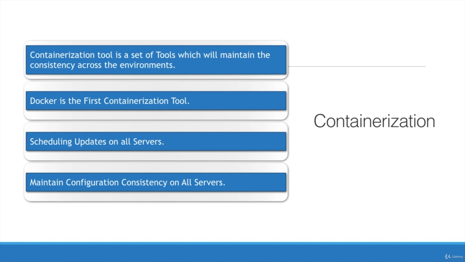The second part of continuous deployment is containerization. Containerization is basically a set of tools which maintain consistency across the environment. With the help of containerization, we will package all the dependencies of my project in a single container, and we will deploy the same container across all the servers on which my application is going to execute, right?